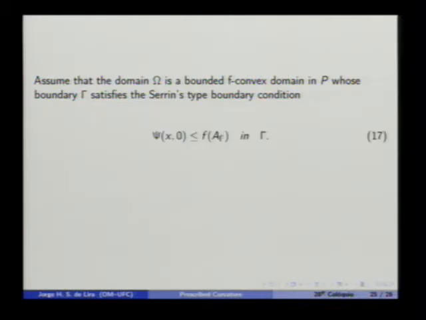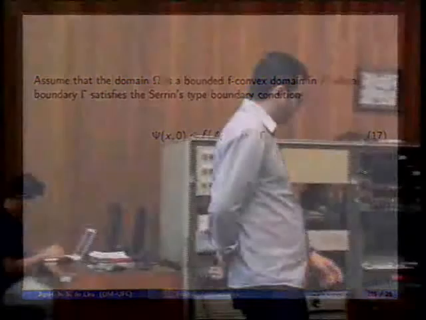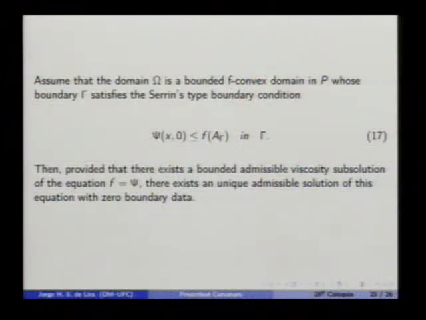And if the curvature of the graph and the curvature of the cylinder over the boundary gamma are related in this way, you could assure the existence of a graph with this prescribed curvature function, but this time assuming that there exists a viscosity subsolution of the problem.